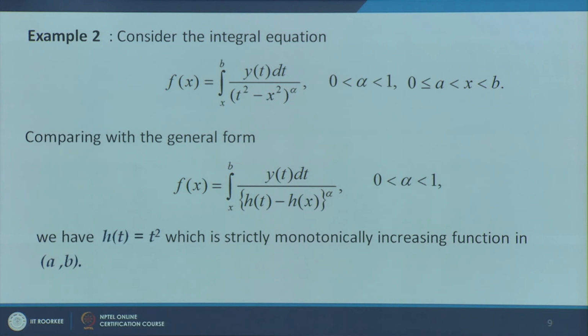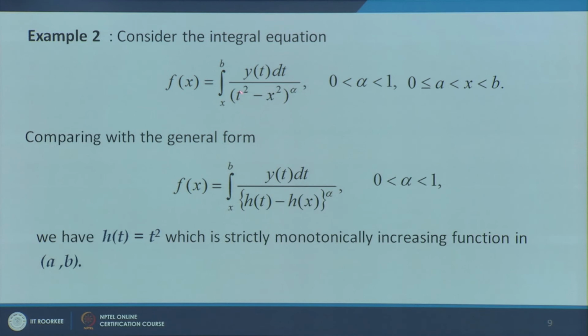So let us consider another example on the general form of the Abel integral equation. Here we have the lower limit as a variable x and the upper limit is a constant. So f(x) is the integral from x to b of φ(t) dt over (t square minus x square) to the power alpha, where alpha lies between 0 and 1, and 0 is less than or equal to a, less than x, less than b.